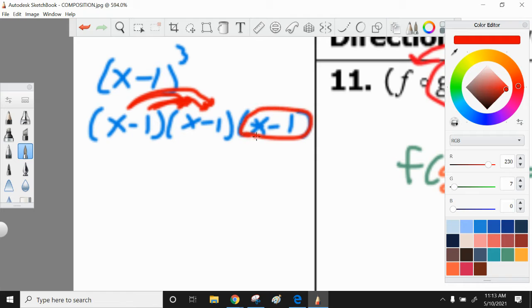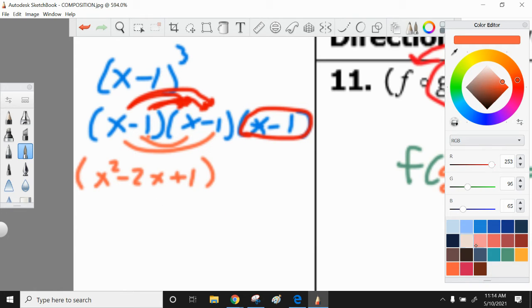I'll leave this one alone. And so I will get x squared minus 2x plus 1. Right? Because that's minus x. That makes it negative 2. Negative 1 times negative 1 makes a positive 1. And then I've still got one of the x minus 1s left because it was cubed.